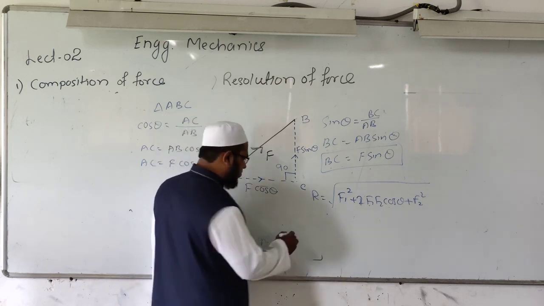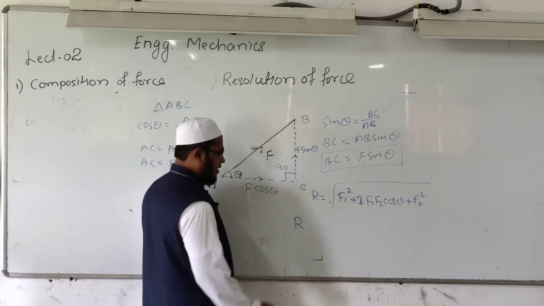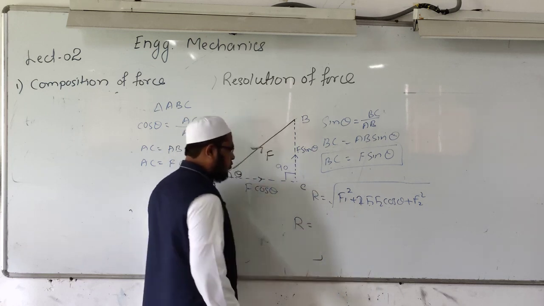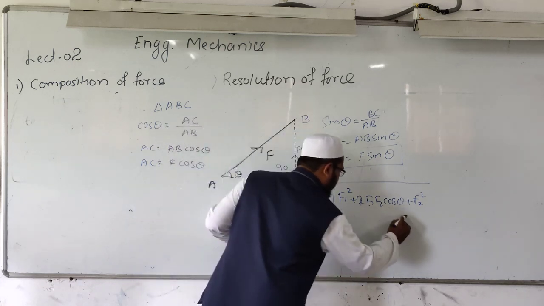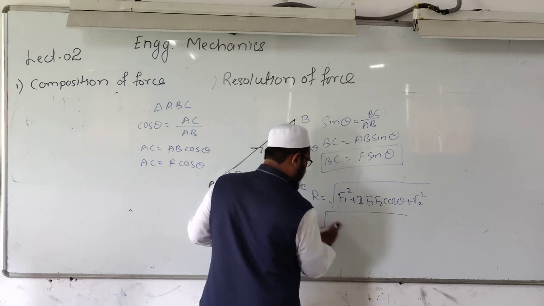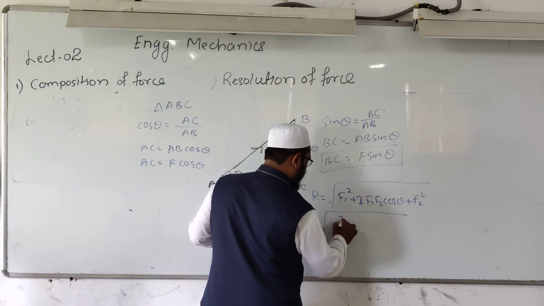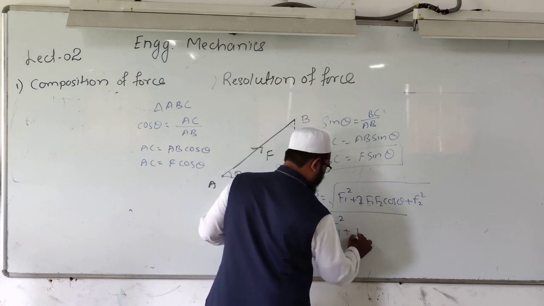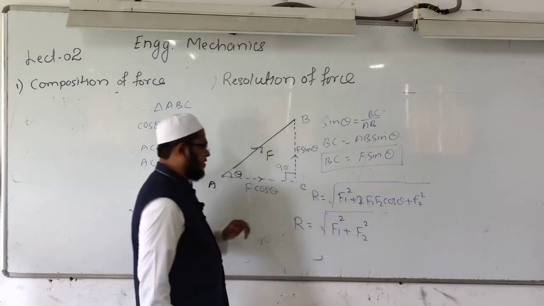Cos 90 is 0. Therefore R equals the square root of F1 square plus F2 square. That is the result.